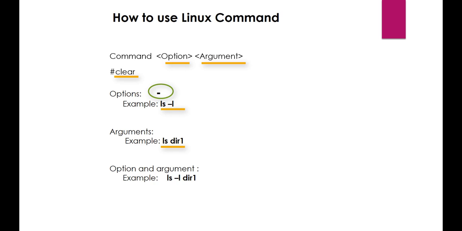This command is going to display the details about the dir1 directory, the contents under dir1. The last example is for an option and an argument, where we passed -l as an option and dir1 as an argument. This command is going to display all the files and directories under the dir1 directory in a long listing mode.